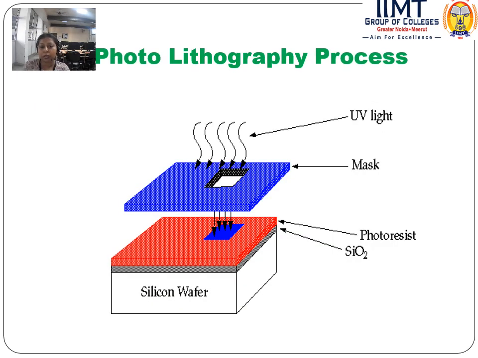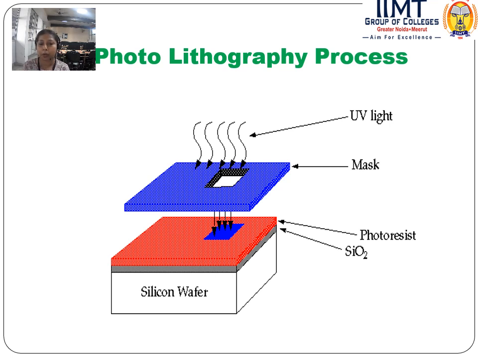Here the photolithography process is explained by this simple diagram, and we can see how the light is exposed to a particular area, and for that we have to use a photomask.